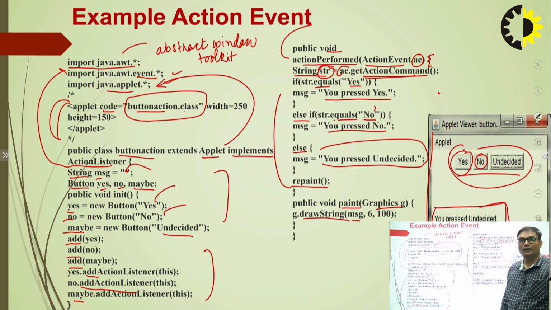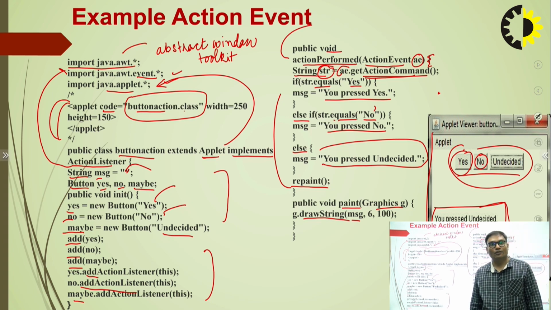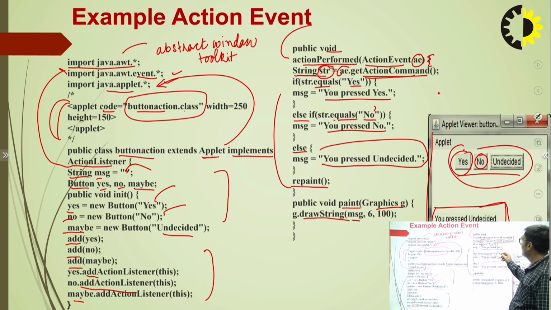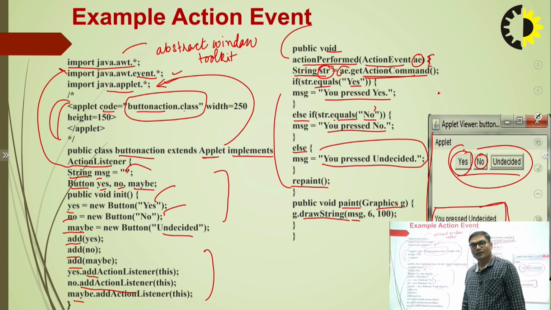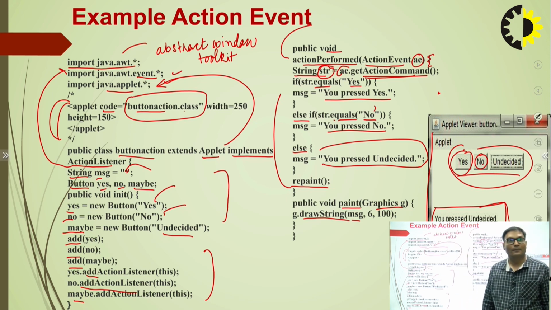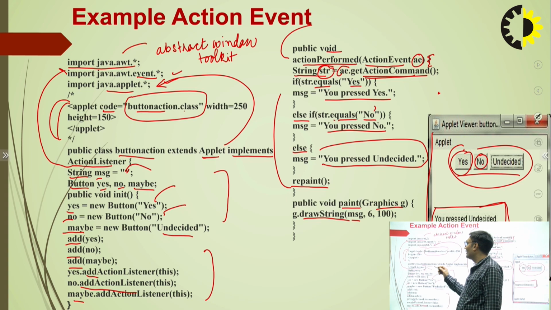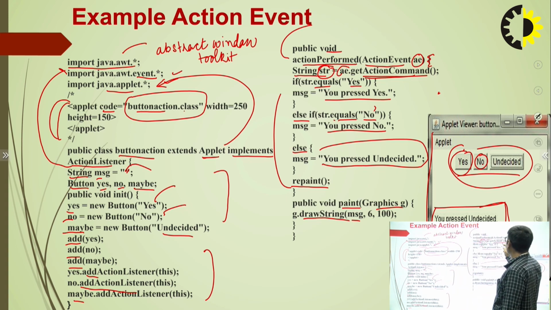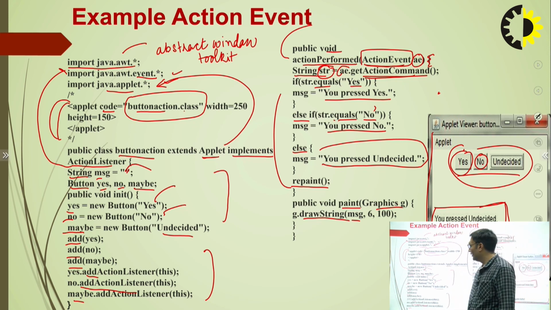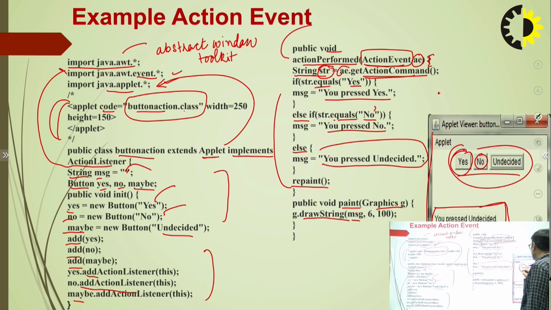So in this way we write the action corresponding to the different events. In this program, the event was handled by the action event interface, and the event is generated by these three buttons.